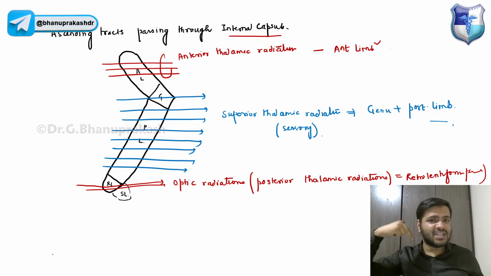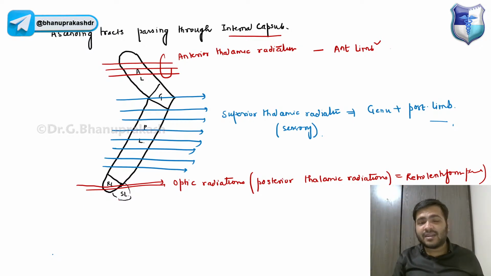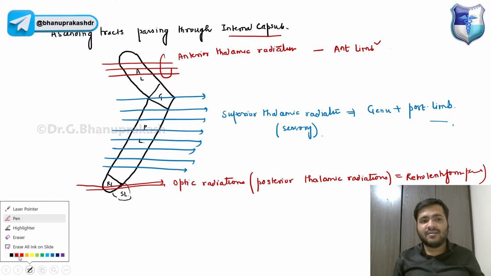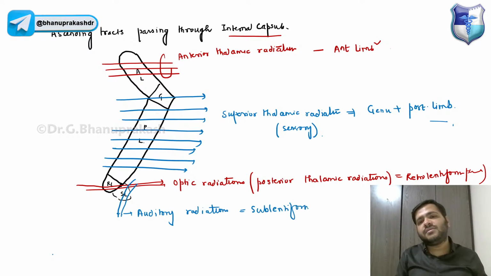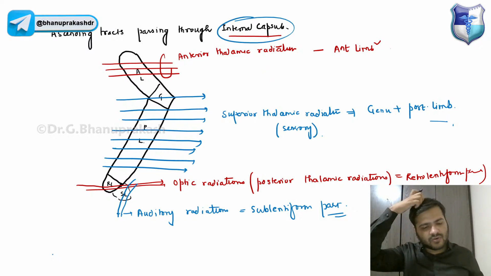The temporal lobe is below and the internal capsule is above, so to go from above to below they pass through the lowest part of the internal capsule, that is the sublentiform part. It is difficult to show in this section, but you already know they pass down from the sublentiform part, and these are the auditory radiations. So that is about the ascending tracts, guys.